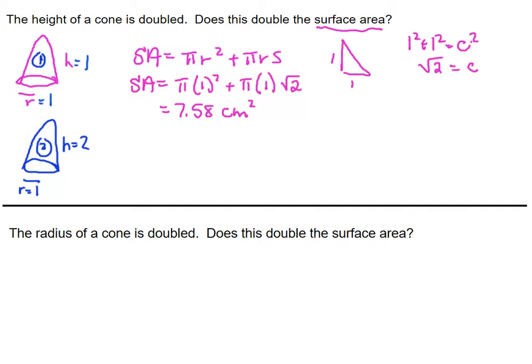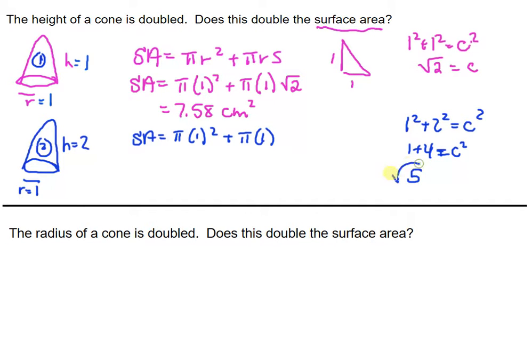Now let's do the second cone. So pi r squared, which is going to be pi, the radius is still 1 squared, plus pi r, now the slant. So 1 squared plus 2 squared equals c squared. 1 squared is 1, 2 squared is 4.